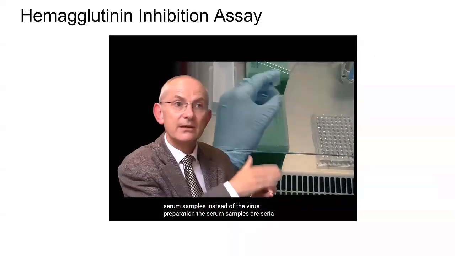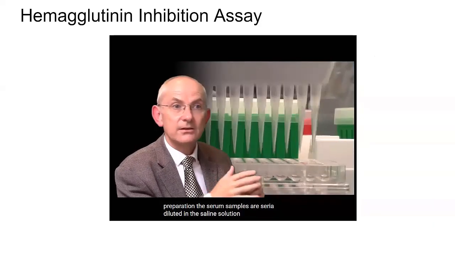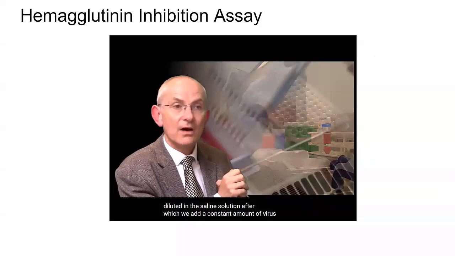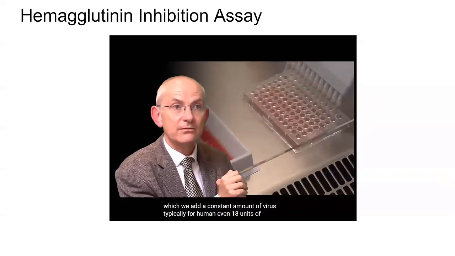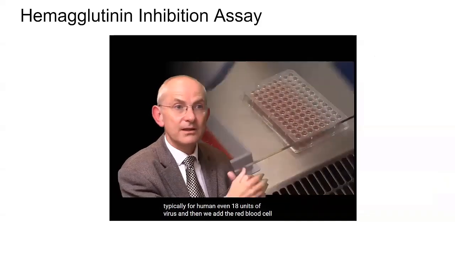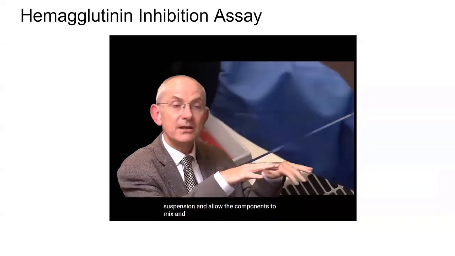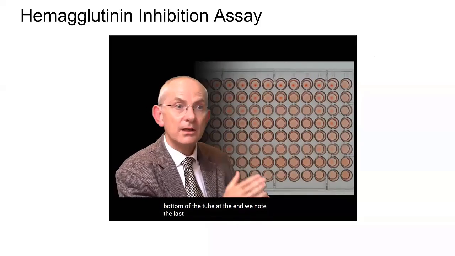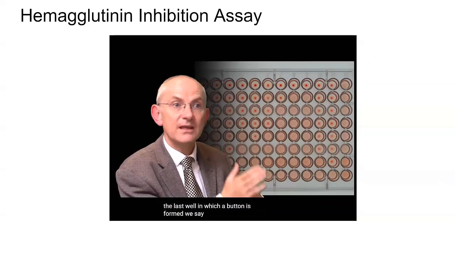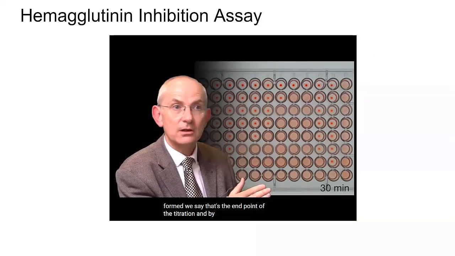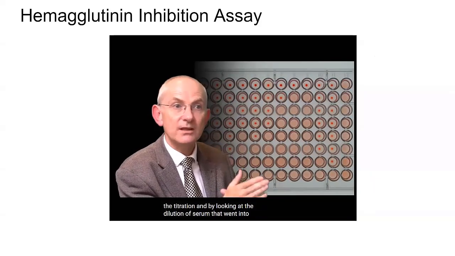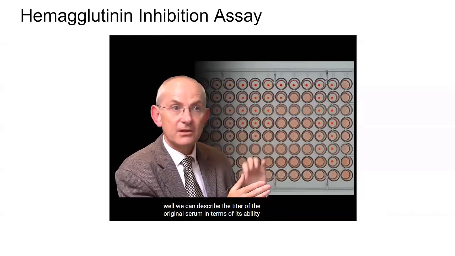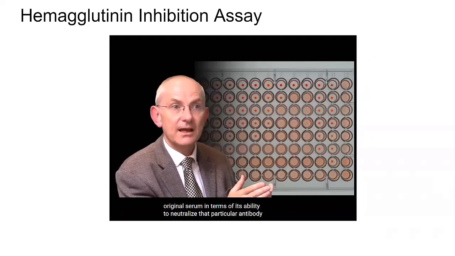The serum samples are serially diluted in the saline solution, after which we add a constant amount of virus, typically 4 hemagglutinating units of virus, and then we add the red blood cell suspension and allow the components to mix and the red cells to settle to the bottom of the tube. At the end, we note the last well in which a button has formed, and we say that's the end point of the titration. By looking at the dilution of serum that went into that well, we can describe the titer of the original serum in terms of its ability to neutralize that particular antibody.